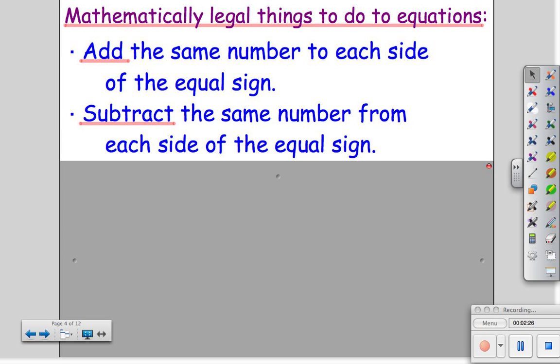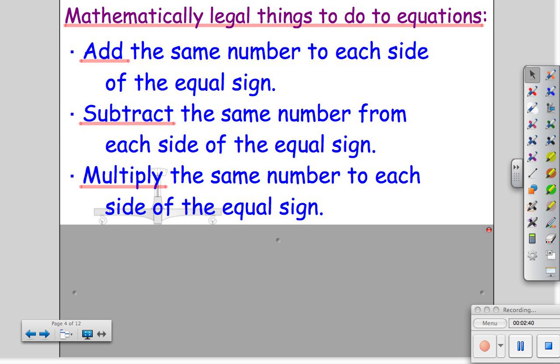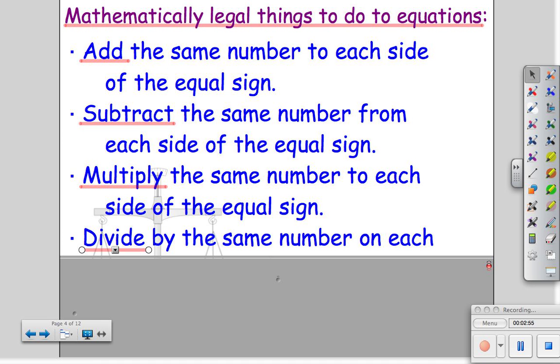So if you've got bricks on each side, if you take 2 bricks from one side, as long as you take 2 bricks from the other side, the scale will still be balanced. You can multiply both sides of the equation by the same number as well. As long as you're multiplying by the same number on each side, it will be equivalent. The same thing with division.